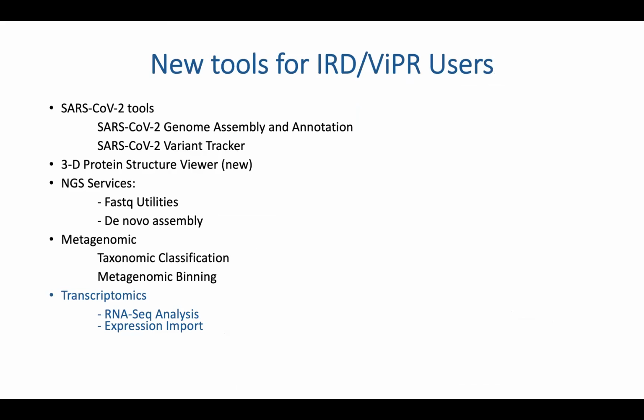And then I'm just going to run through these real quick so that we have some time to demo this site. But there are also some transcriptomic tools for those of you interested in RNA-seq analysis with your viruses and looking at effects on the host, for example, and also an expression import tool that will help you look at, let's say, differences in up or down regulated genes.